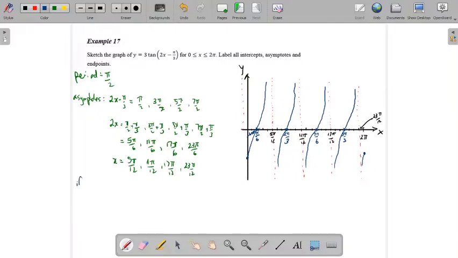So if x equals 0, then y is going to be 3 tan 2 times 0 minus pi on 3, which is 3 tan negative pi on 3.